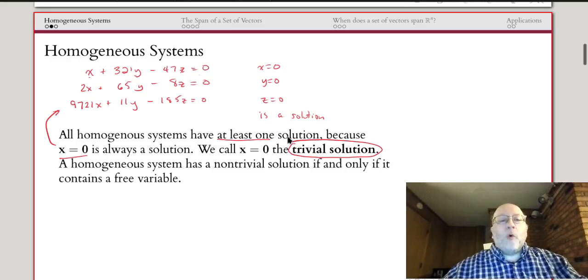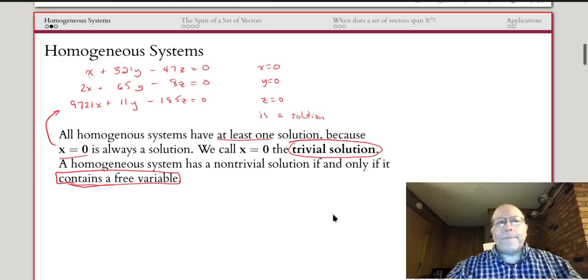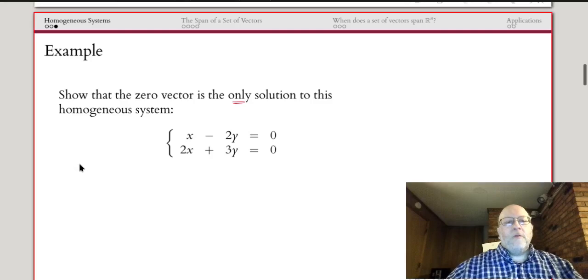It might have more than one solution, but in order to have more than one solution, it must contain a free variable. So let's show that the zero vector is the only solution to this homogeneous system. That means this system cannot contain a free variable. We can do this by row reducing, and this is just one step.